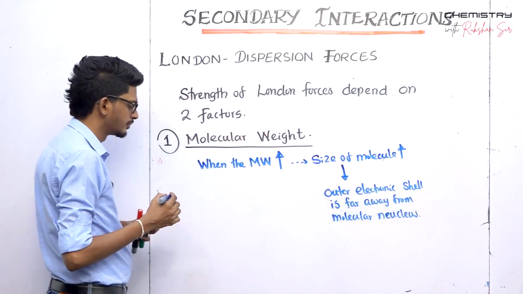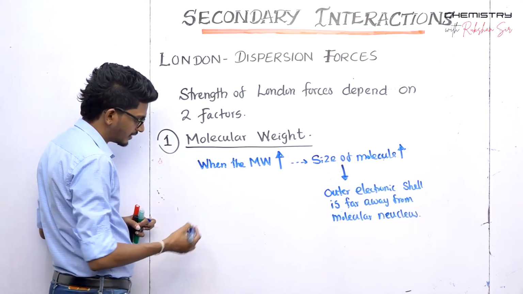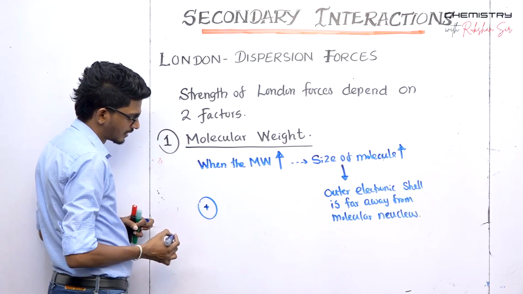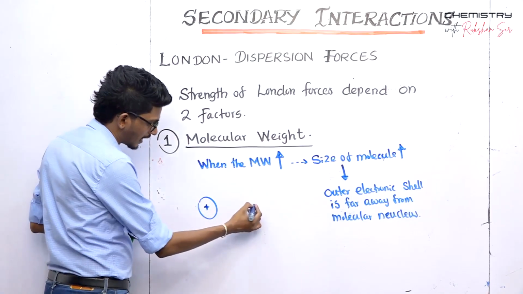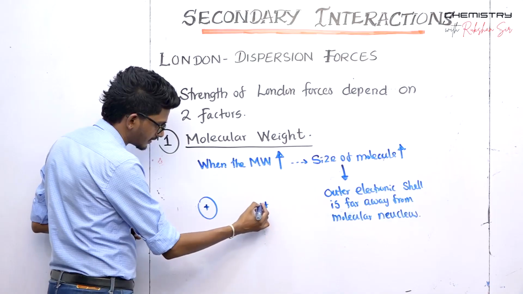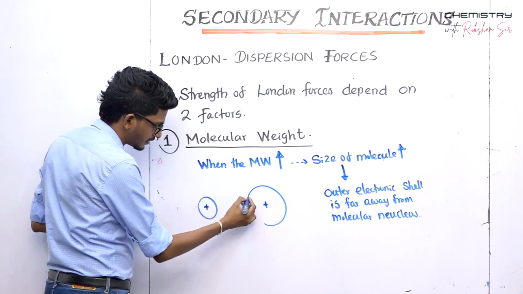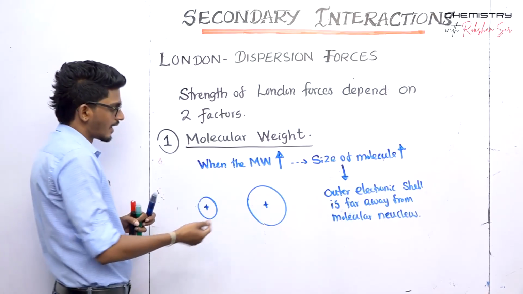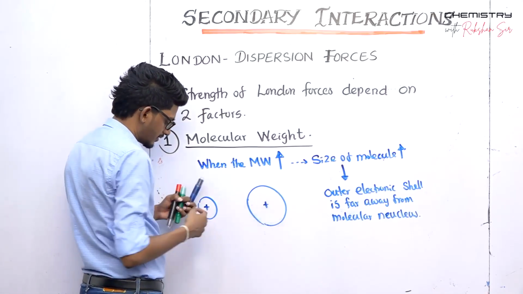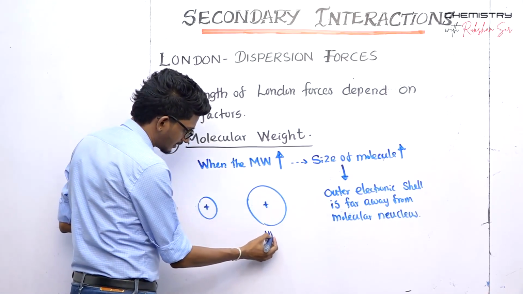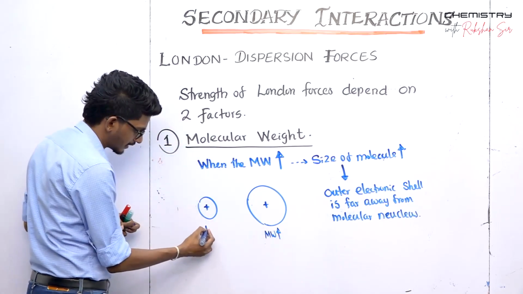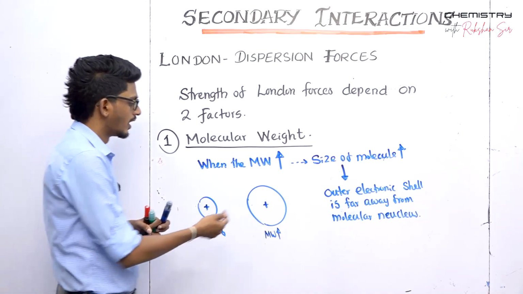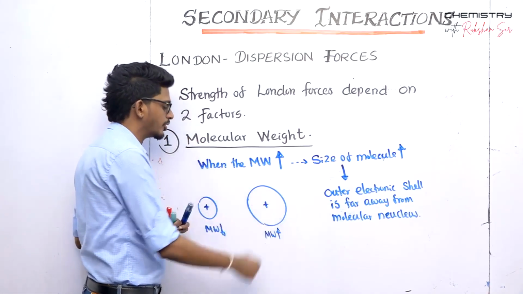The idea is clear, no? Not like a smaller species. When you are with a larger species, where the molecular weight is high, versus one with a lower molecular weight, then your outer electron density is far away from your nucleus.